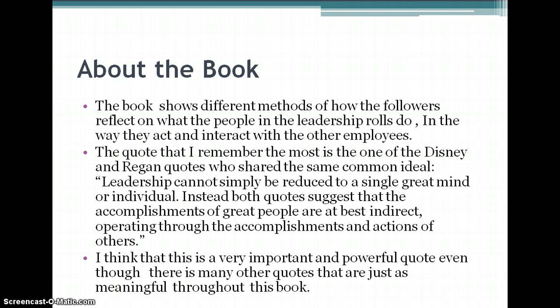When reading the book, the quote that I really liked came from a Disney and Reagan quote, who shared a common ideal. And this is the quote: "Leadership cannot simply be reduced to a single great mind or individual. Instead, this quote suggests that accomplishments of great people are best indirectly operating through accomplishments and actions of others."